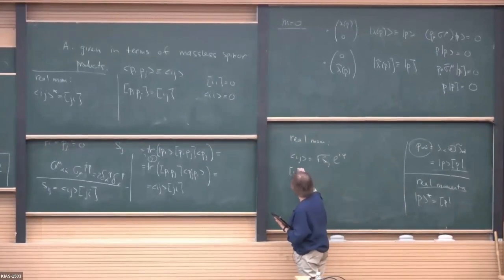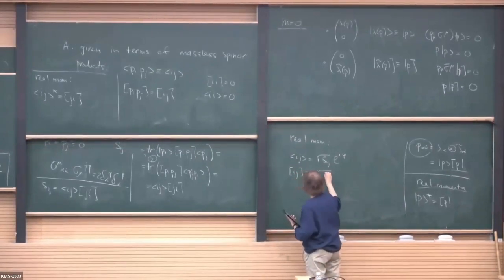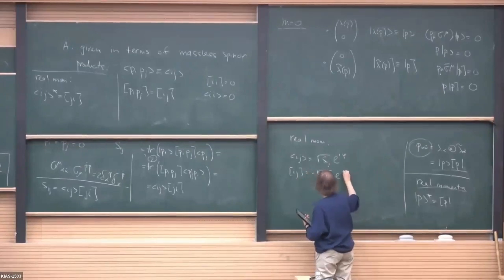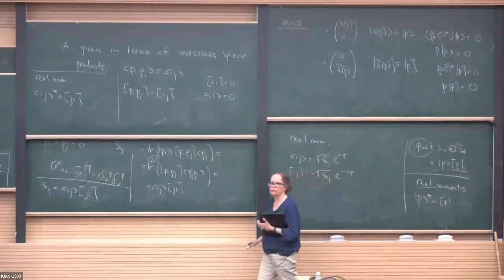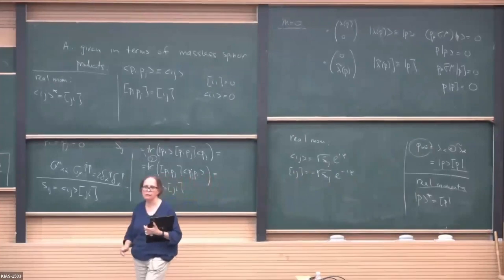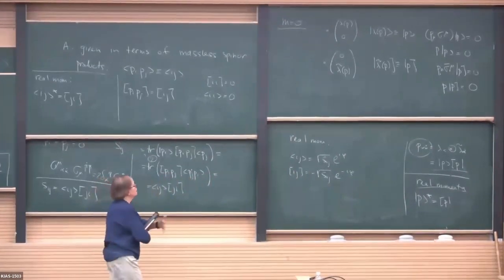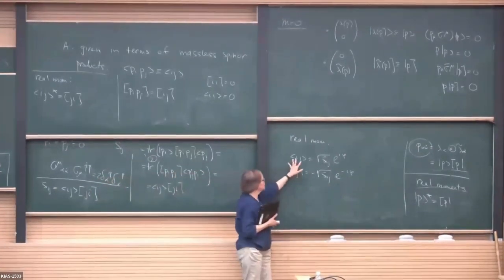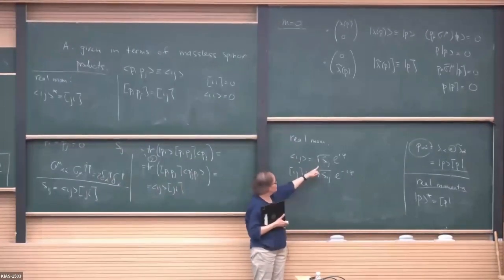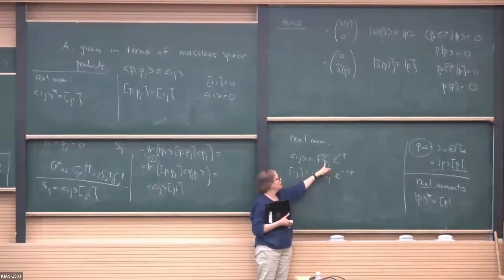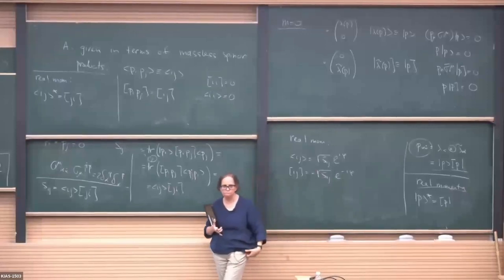And this guy is minus square root Sij e to the minus i phi. Okay, so these things are just numbers. It's just a complex number. The absolute value is equal to the square root of Sij up to some phase.